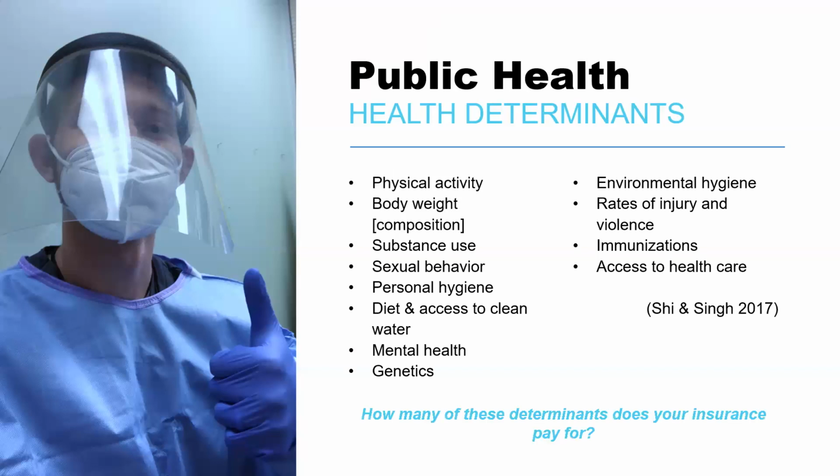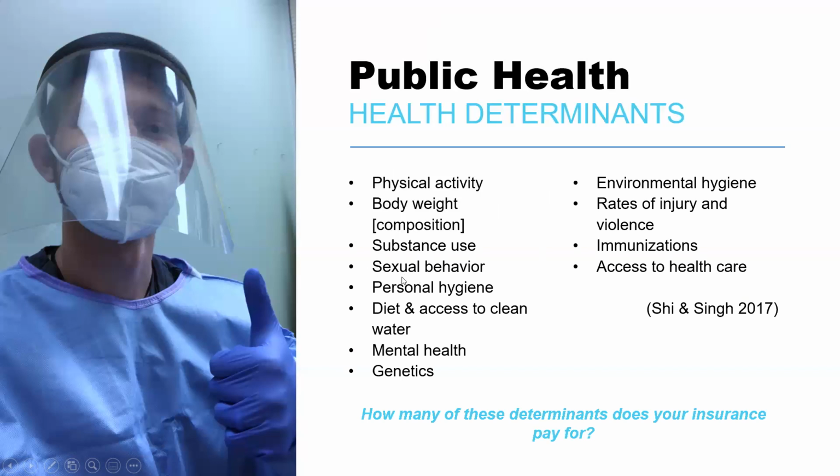So question, how many of these determinants does your insurance and out-of-pocket payments pay for? So if 97% of our health expenditures are in insurance and out-of-pocket expenditures, then how much are we really getting from that 97%?